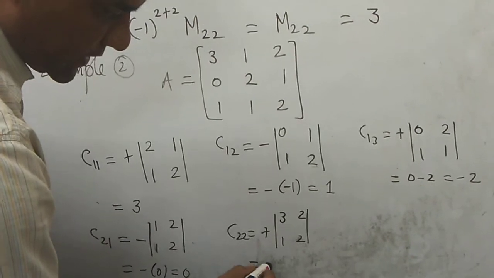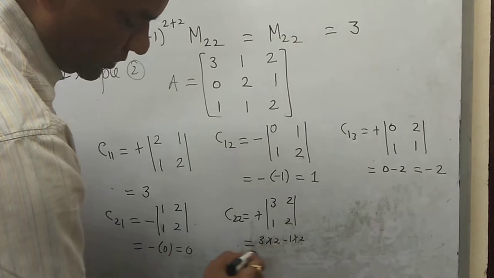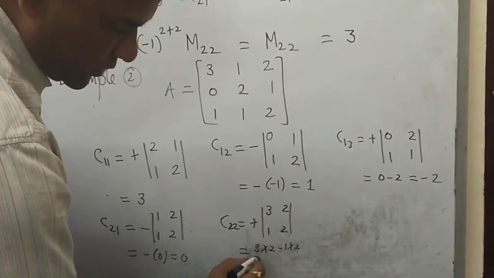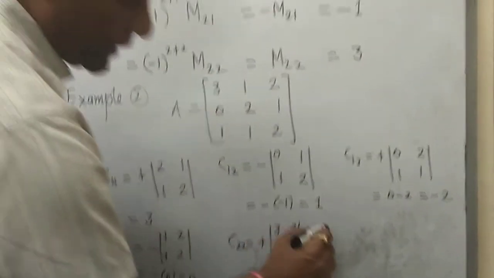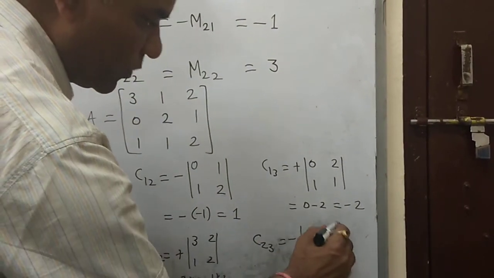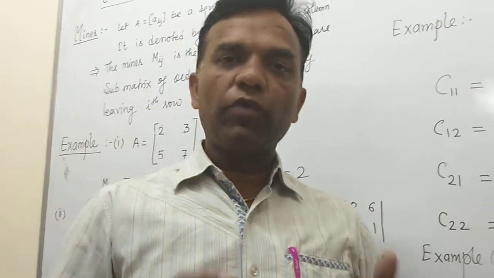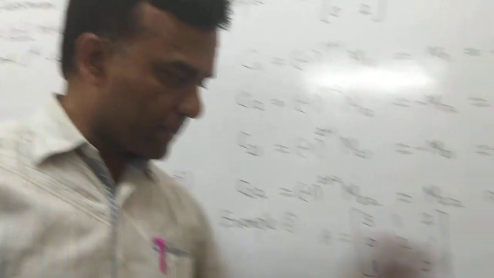And the solution is 3 times 2 minus 1 times 2. So 3 times 2 is 6, 6 minus 2 is 4. And then C23. You put a minus sign. Why do you put a minus sign? Because 2 plus 3 is 5 and 5 is an odd number. So you put a minus sign here.